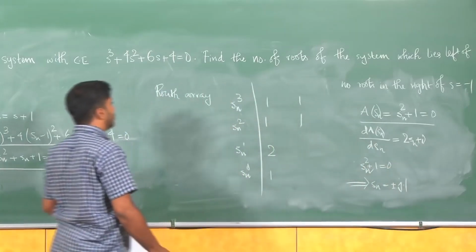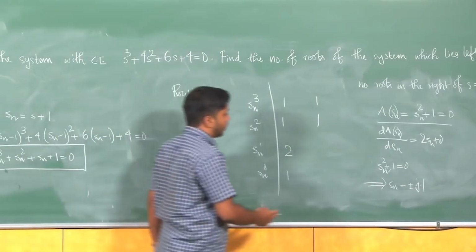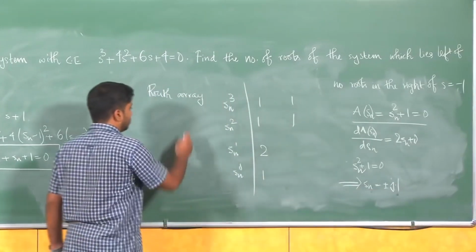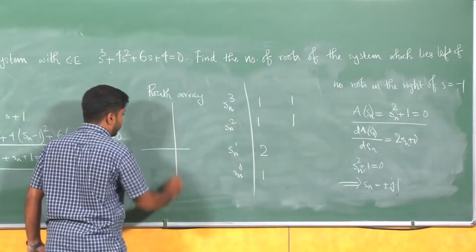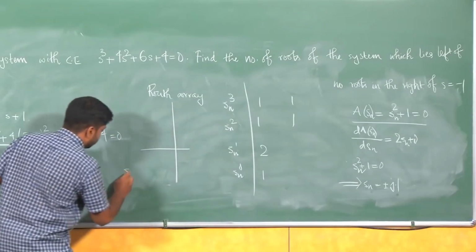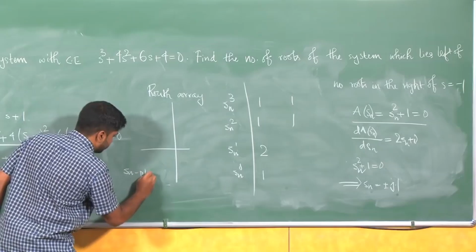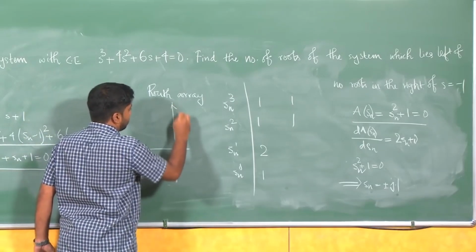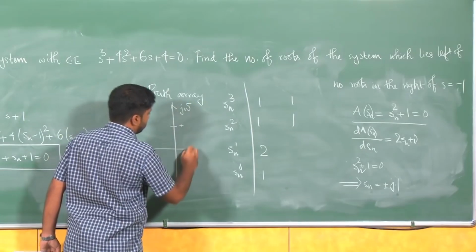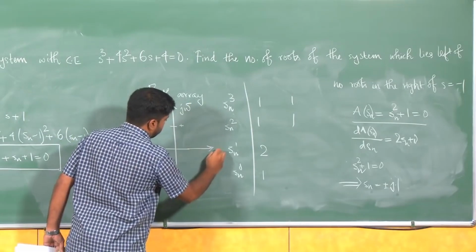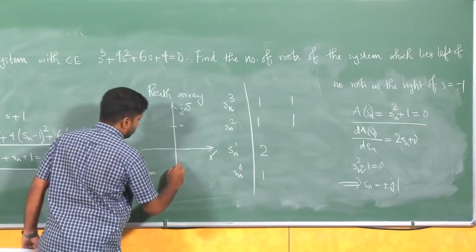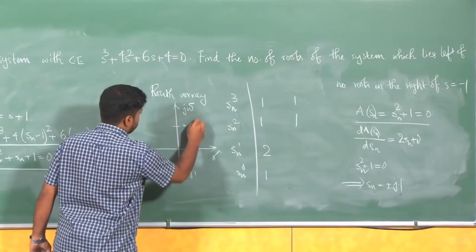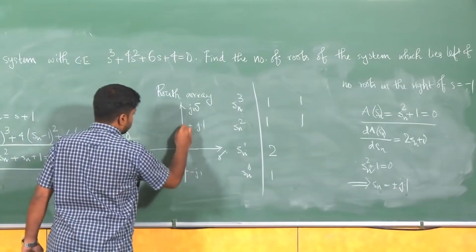So, what we get is that there are two imaginary roots on the imaginary axis of the shifted plane Sn. This is j omega and sigma here. Okay. So, there will be two roots.